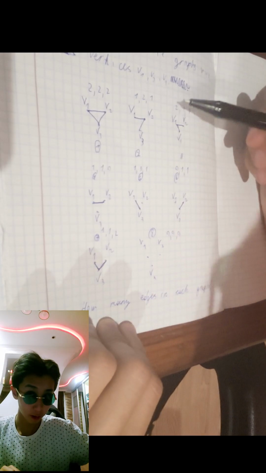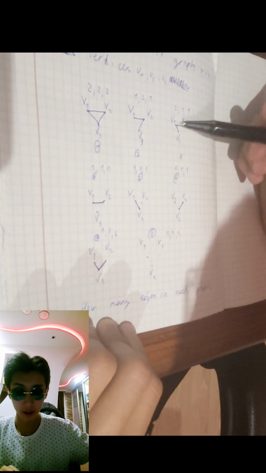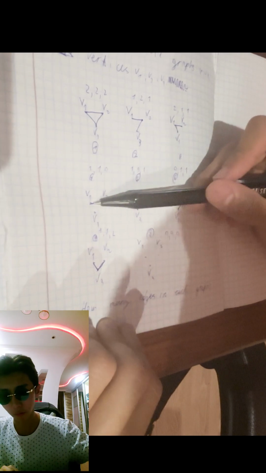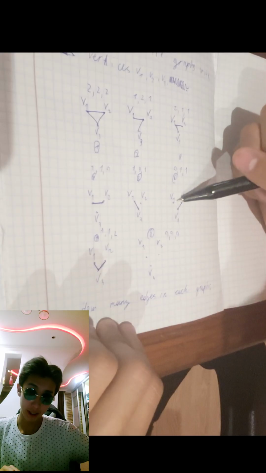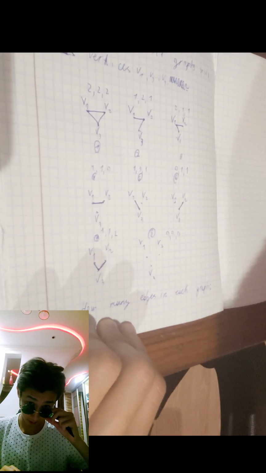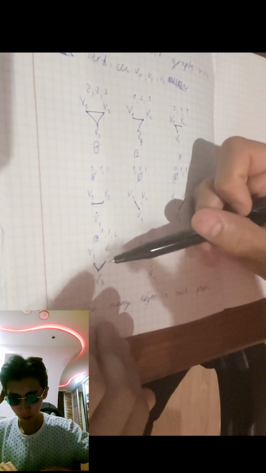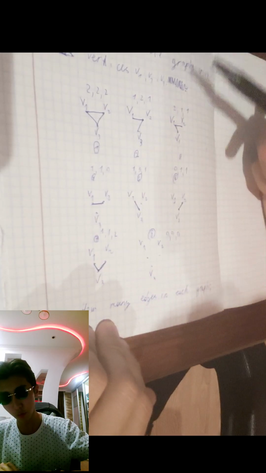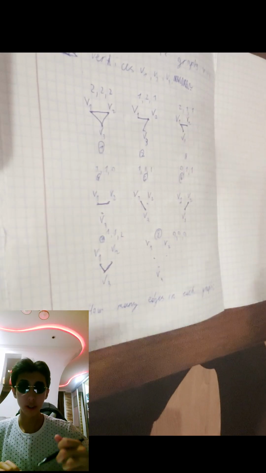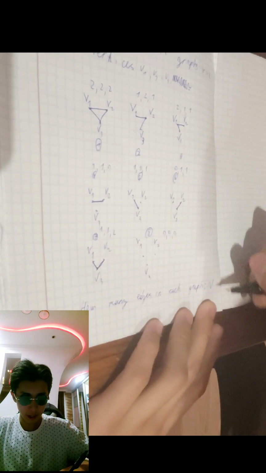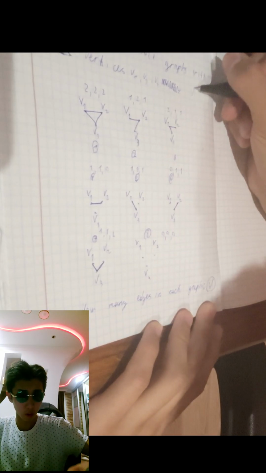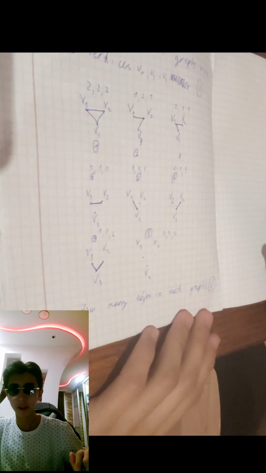In the third, only 2 edges, and in the fourth only 1. In the fifth, only 1. In the sixth, only 1. The seventh graph has 2 edges, like the second and third. And in the eighth, we see no edges. Okay, that's solved.